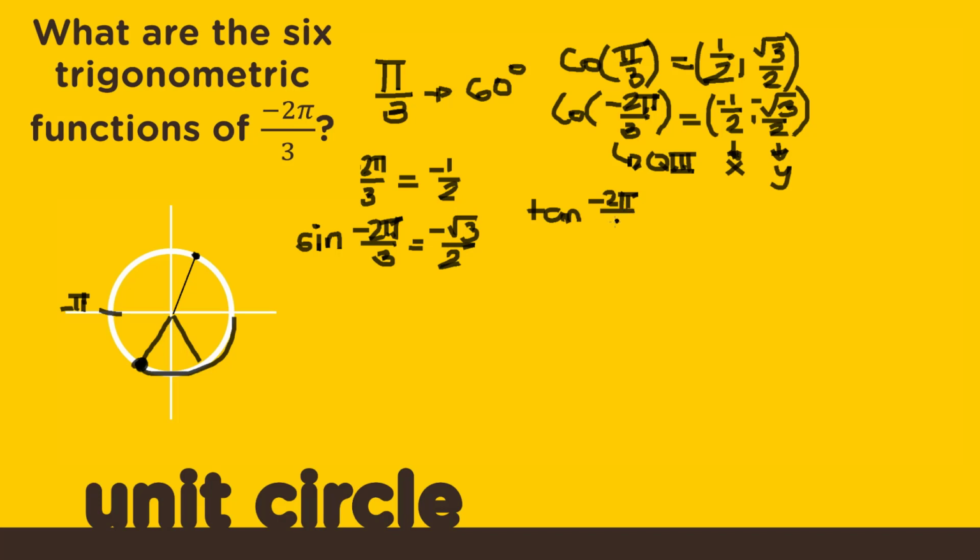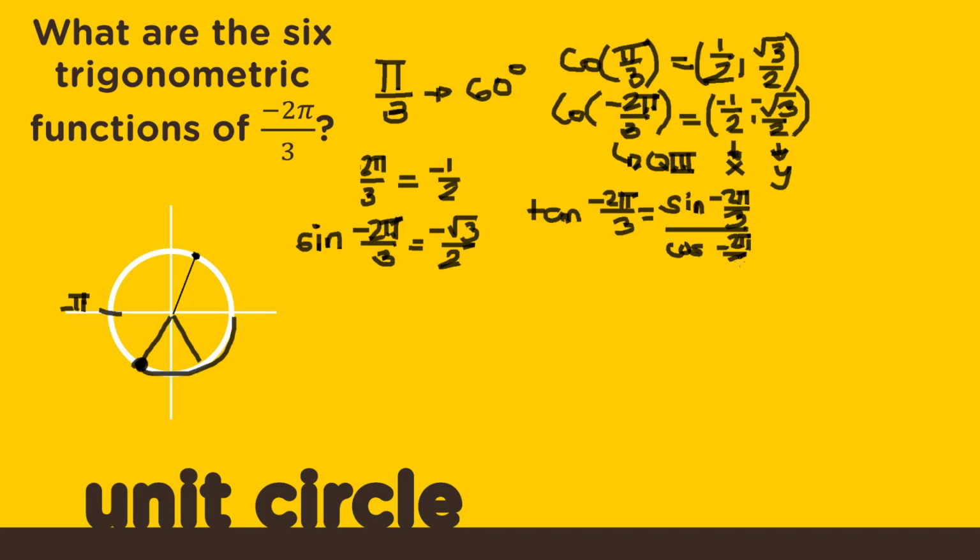Our tangent of negative 2 pi over 3 is the ratio of sine of the same arc, negative 2 pi over 3, over our cosine of negative 2 pi over 3.